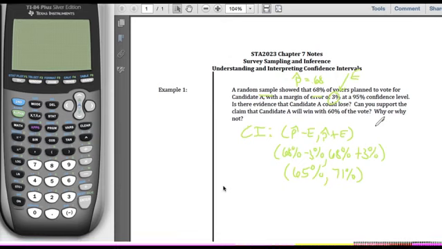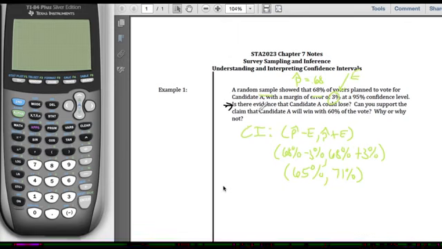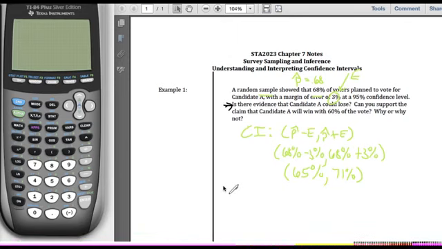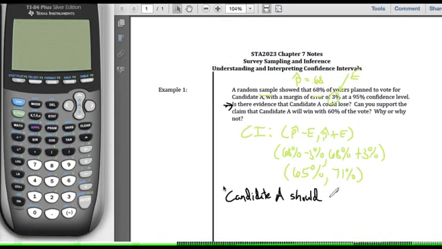And so because of that, to answer this first question, is there evidence that candidate A could lose? I'm going to say that candidate A should win.